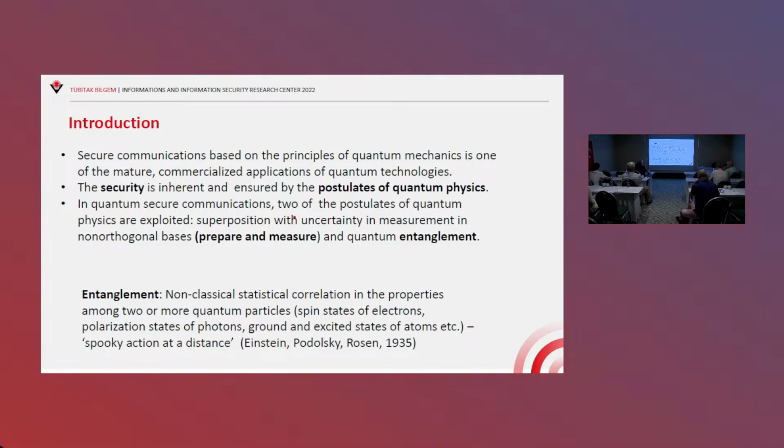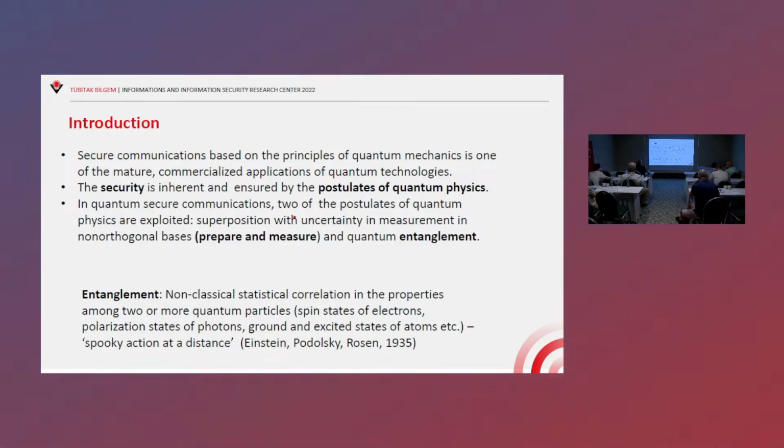This is referred to in the literature as prepare-and-measure techniques, because you are preparing a particle, in this case a photon, in a certain state, and then you are making a measurement. So if you want to classify these communication techniques, the first one would be prepare and measure, based on the superposition principle, and the second one would exploit the entanglement property of particles.